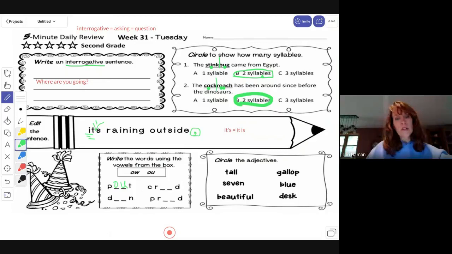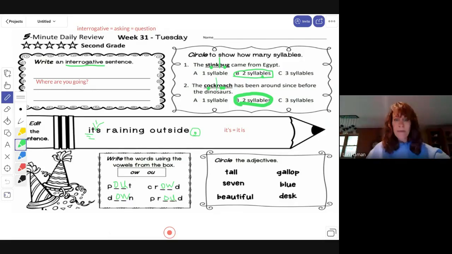The second word is to say crowd, and the correct letters for this would be OW. This is the word down, and OW is what goes in the middle of down. That's a pretty common word for you. And the final word is proud. And OU is the letters you need for that sound.